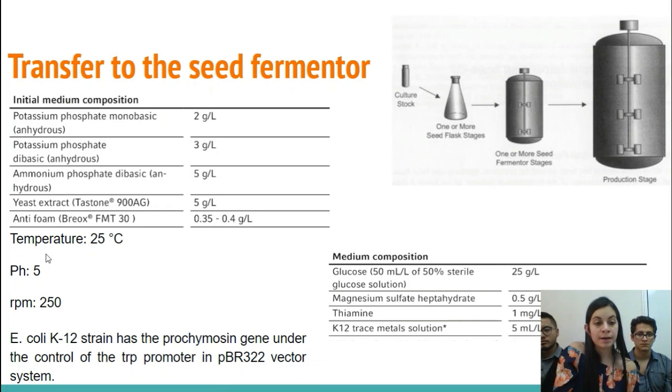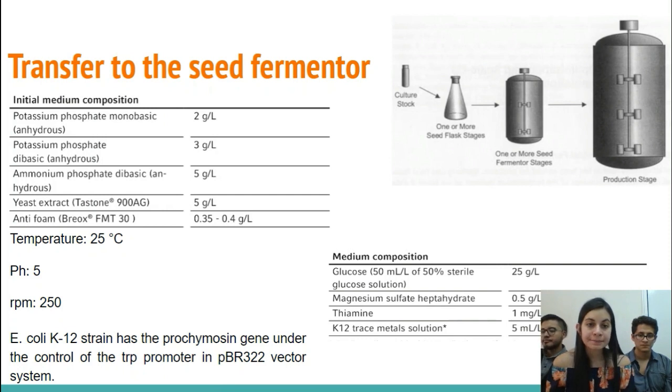Also, I need to have a temperature of 25 degrees Celsius, a pH of 5, and 250 RPM. It is important to mention that the E. coli K12 strain has the prochymosin gene under the control of the TRP promoter in the pBR322 vector system.